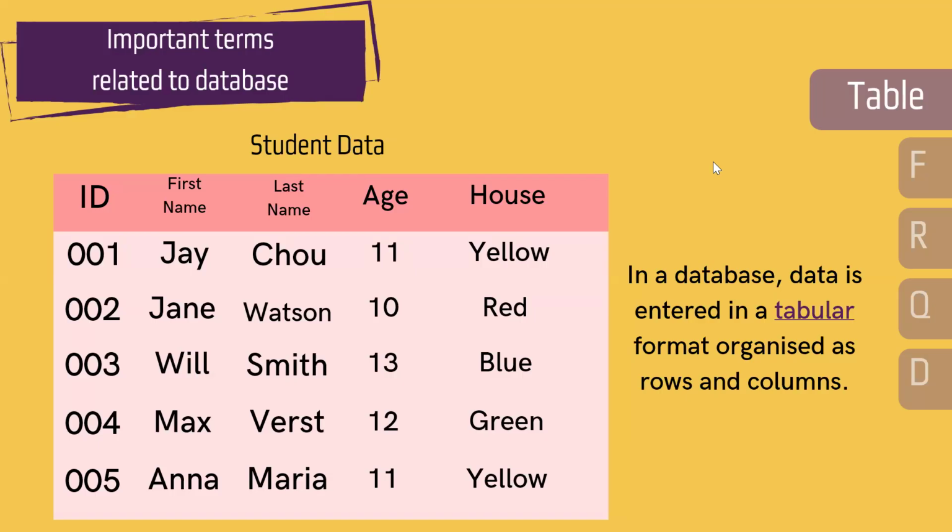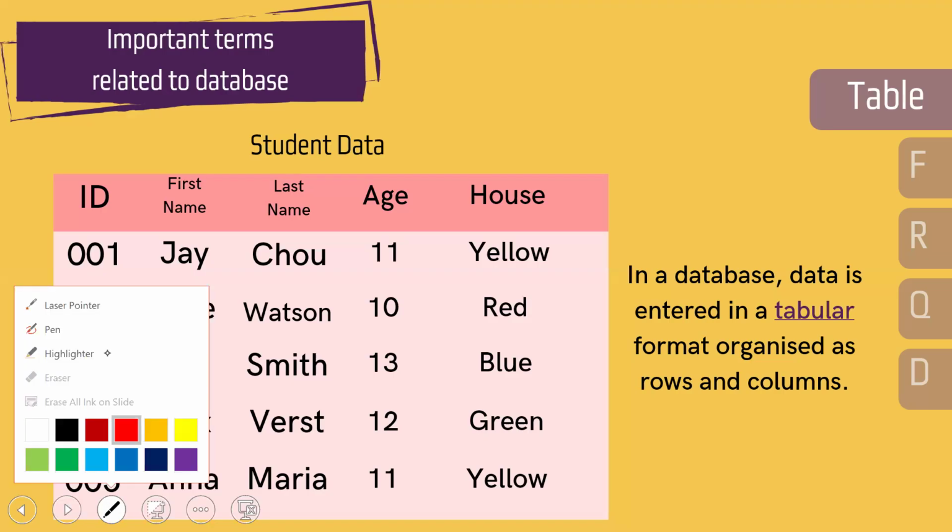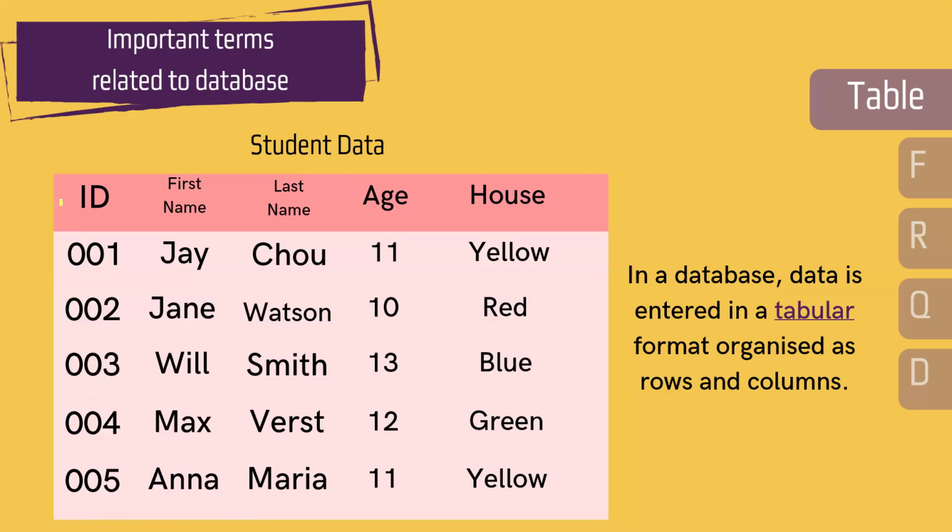And as you can see, we have student ID, first name, last name, age, and the house. The student ID should be a unique identifier. We must have this student ID as a unique identifier. The question usually arises: what is this unique identifier?